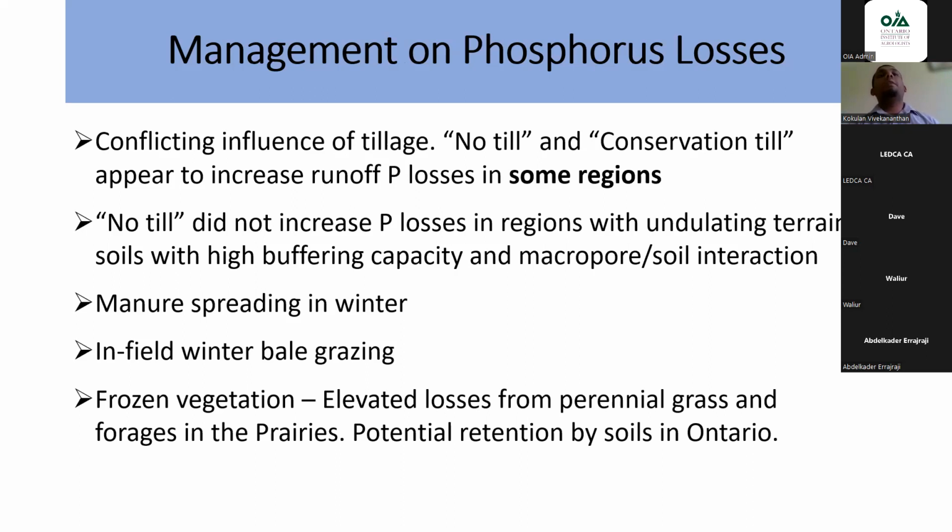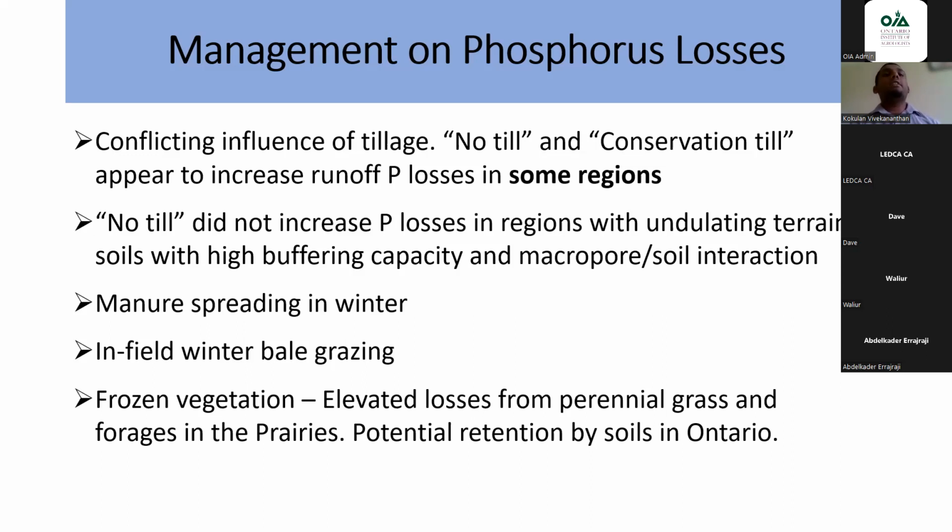However, no-till practices did not increase phosphorus losses in regions with undulating terrain like southern Ontario, where you see loamy soils with high buffering capacity and higher macropore soil interaction. Some other management activities like manure spreading in winter and in-field winter bale grazing can also contribute to higher wintertime phosphorus losses.